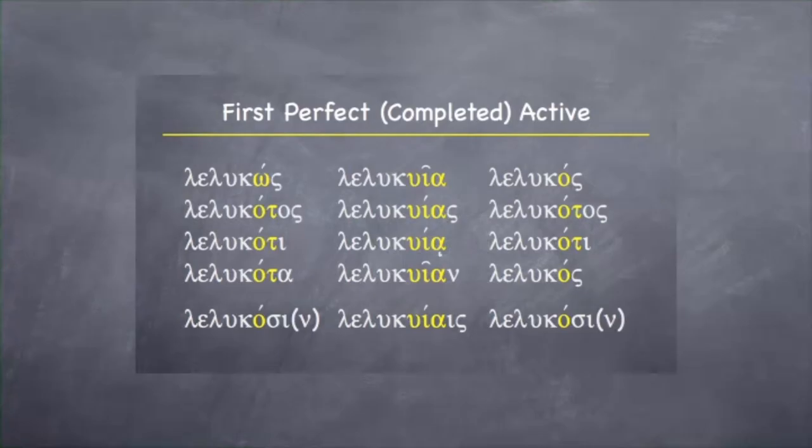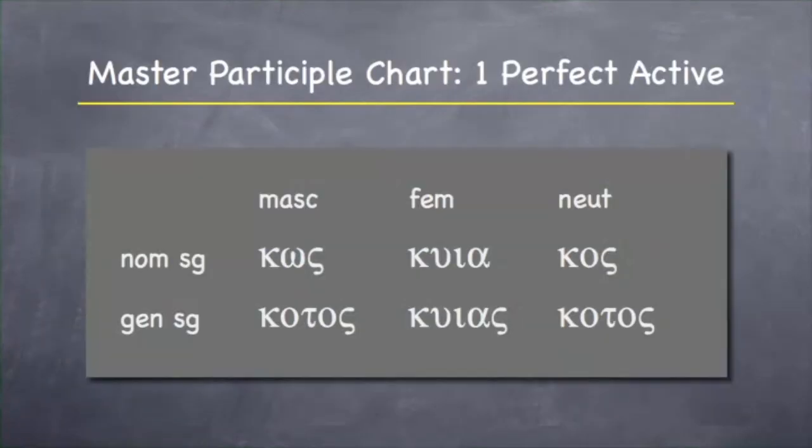In the neuter, the tau dropped out because of the sigma, but the omicron didn't do anything, perfectly regular from there. And since these are third declension endings, and since the feminine has to be first declension, you have the normal significant shift, and kos goes to kuia, but after that is perfectly regular. So the six forms you need to learn are kos, kuia, kos, kotos, kuias, kotos.